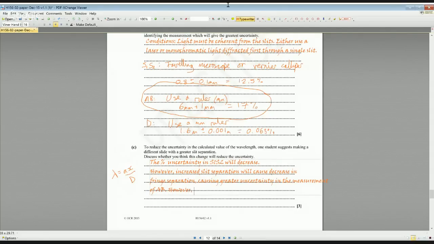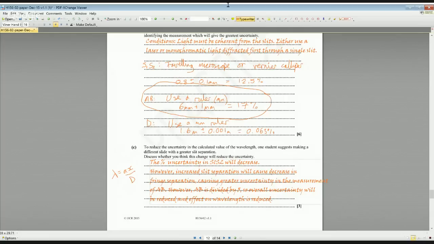However, you've got to remember AB is divided by 5, because remember we're counting 5 fringes. So overall uncertainty will be reduced, and the effect on wavelength is reduced as well.